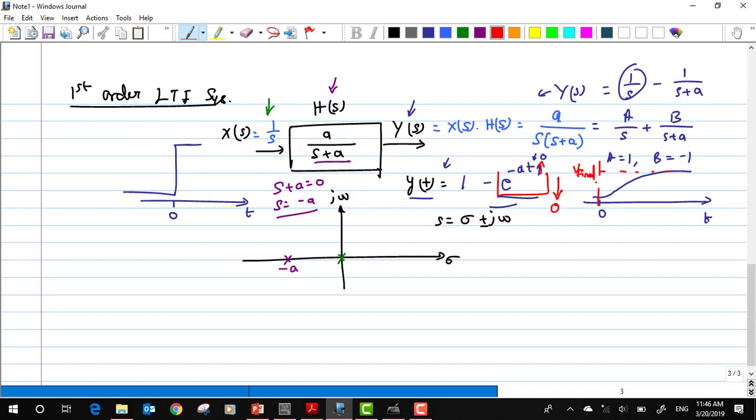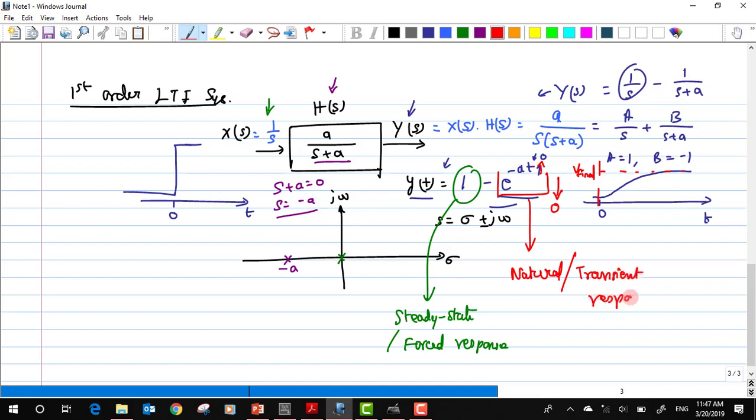So, now clearly there are two components in this particular expression, okay? This particular part is nothing but the steady state, yeah, okay? And this particular part is called the natural response. Clear.